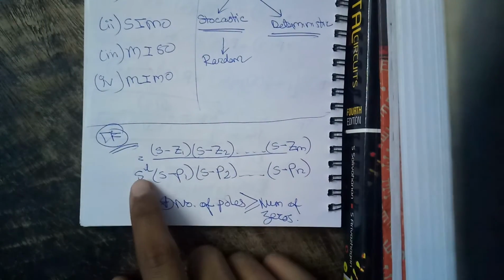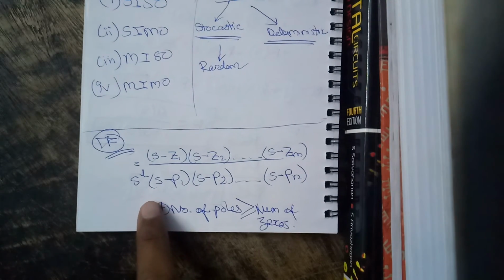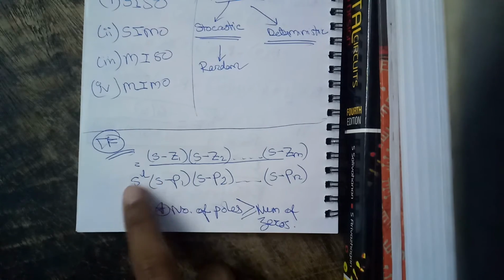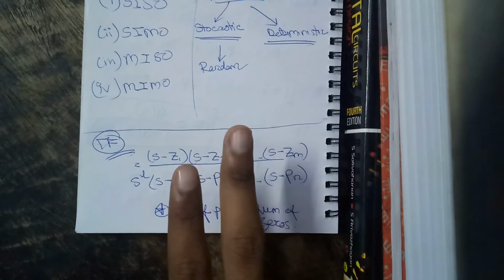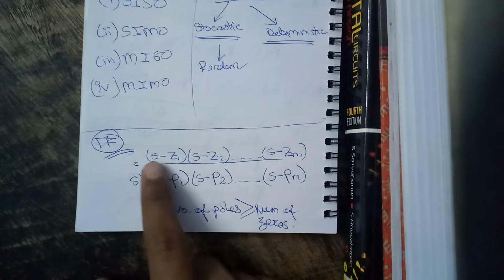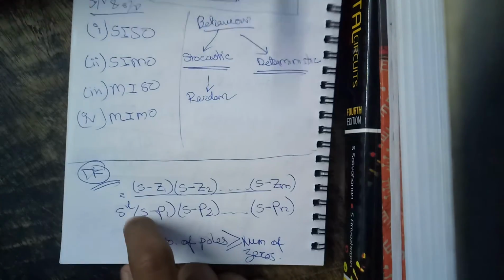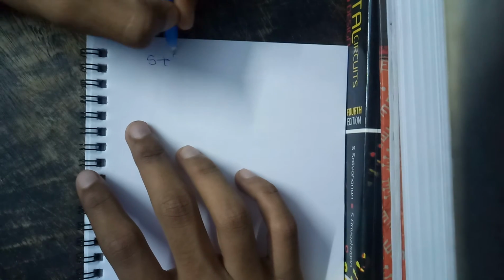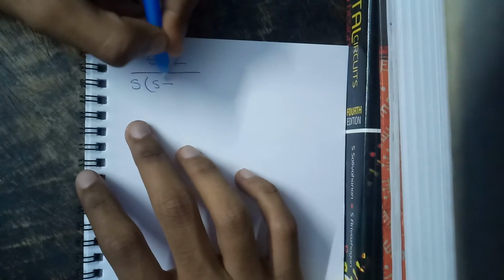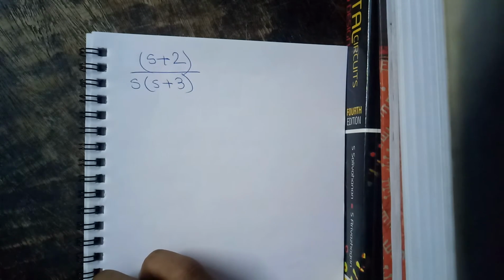As we can see, in the transfer function I have written this s to the power L separately. If we multiply this whole thing out, we get a maximum power of s. The maximum power of s is known as the order of the system. And the power of s alone is known as the type of the system. Suppose we make a system like this: s plus 2 by s into s plus 3. This is a transfer function of the system.